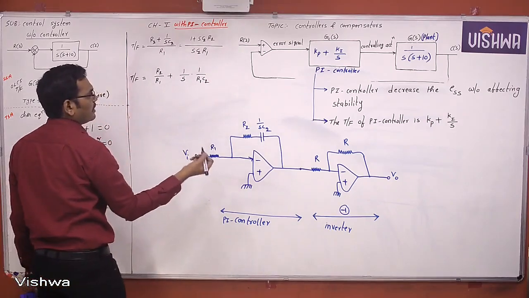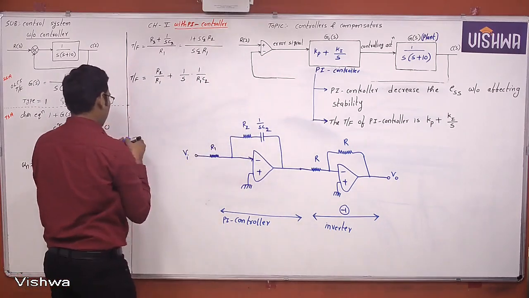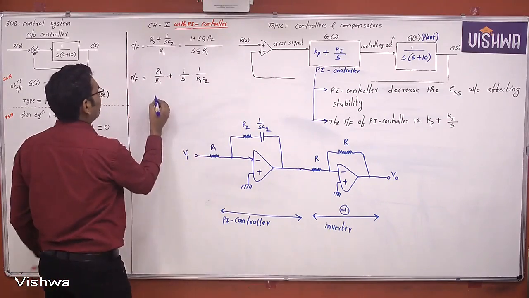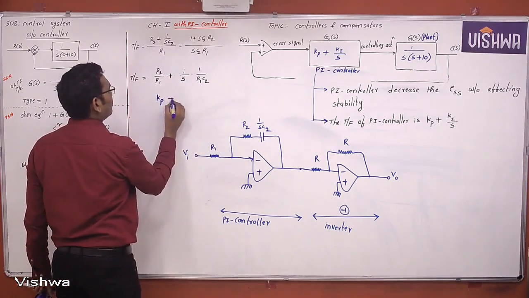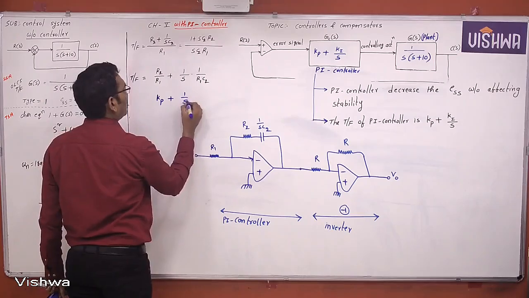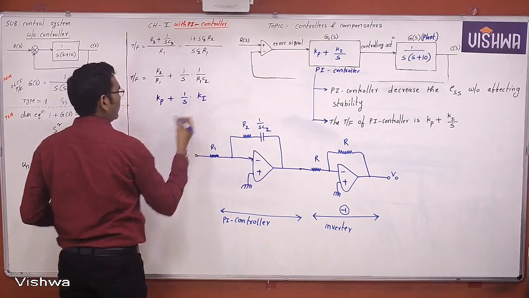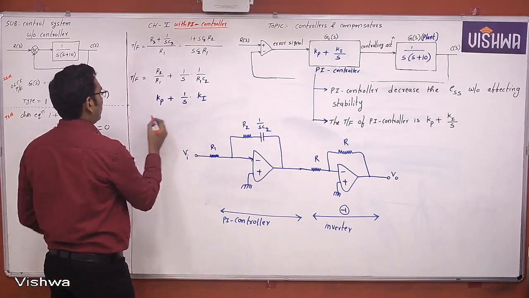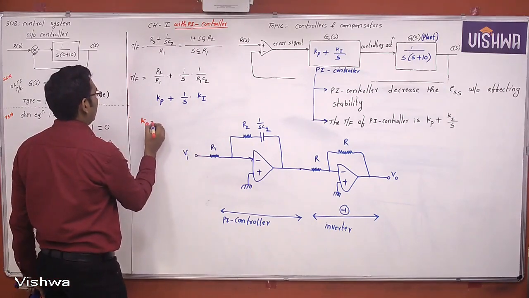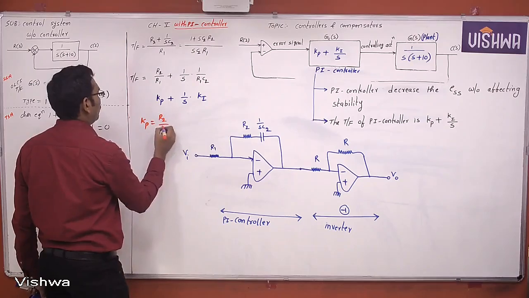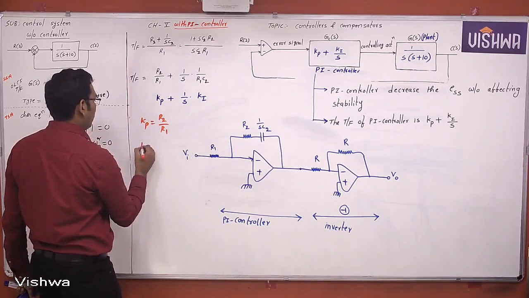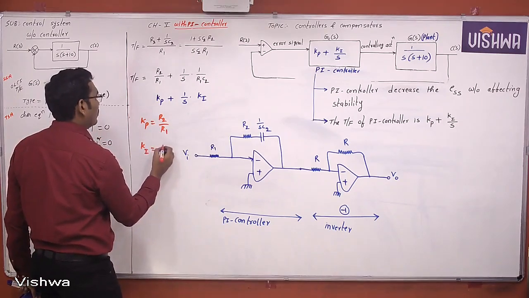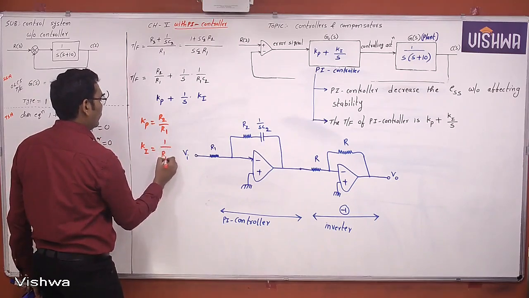But what is our transfer function? Our control transfer function is Kp plus 1 by S into Ki. Then you can easily apply the controller. So what is the controller constant? Kp is equal to R2 by R1, and Ki is equal to 1 by R1 C2.